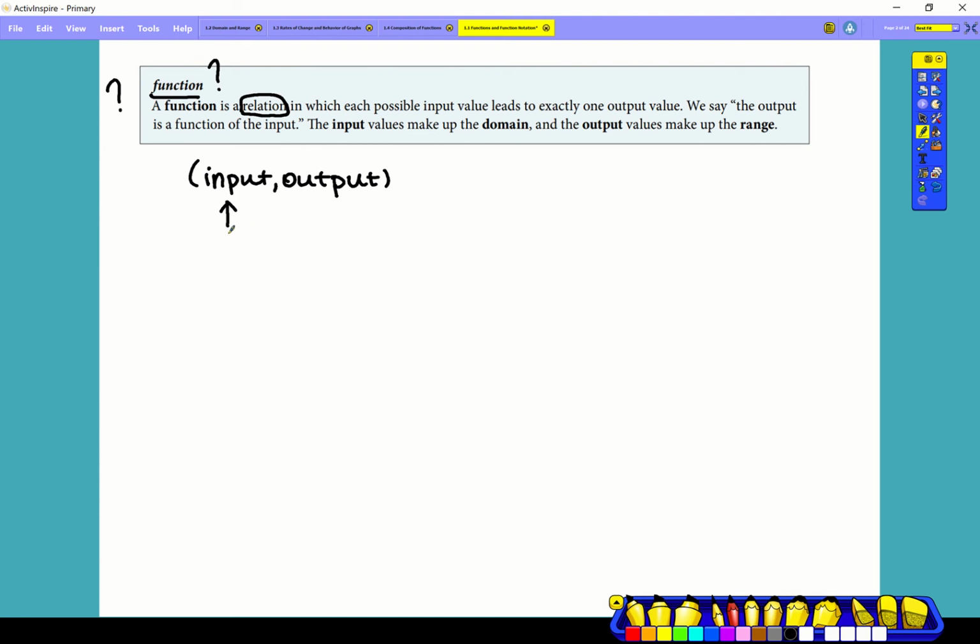That means if you give me an input, it's going to give me a single output. So the input value is the domain, and the output values make up the range.